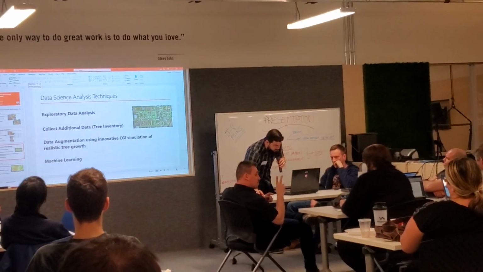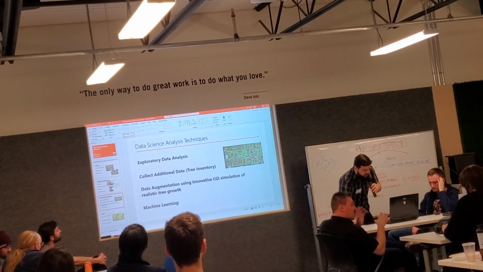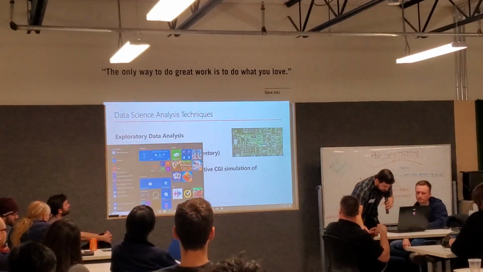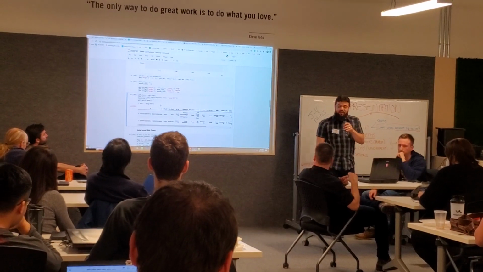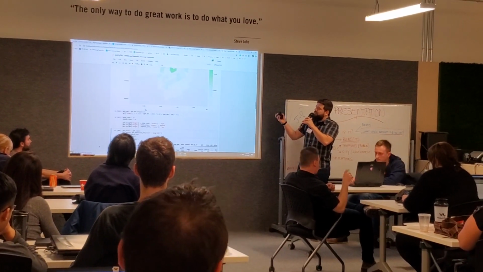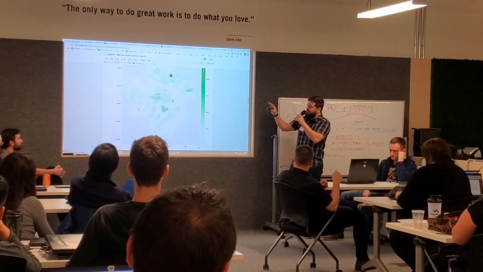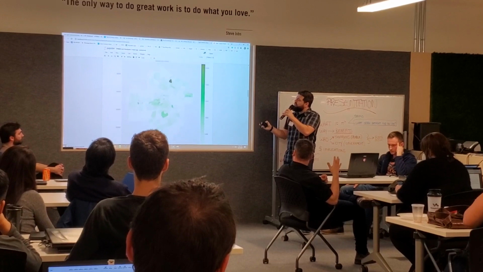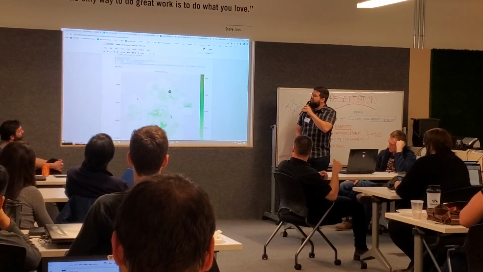We are also going to talk about the exploratory data analysis that we did. At first, using the data sets, we did a quick analysis of the distribution of trees per neighborhood. We used Python pandas, as you can see.